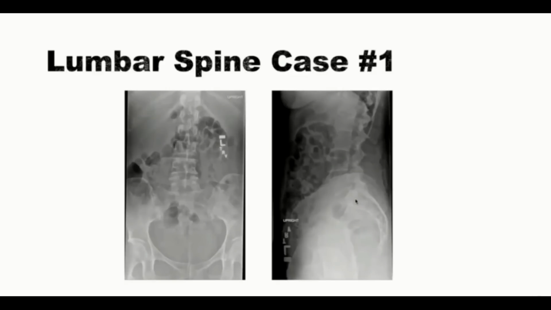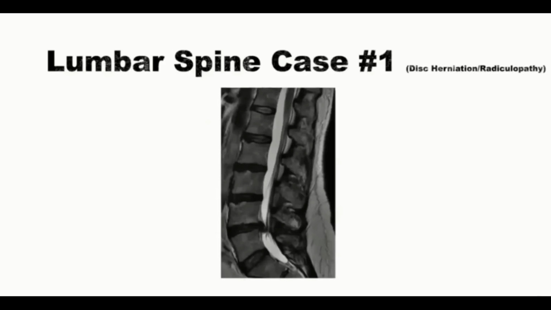There's no translation of the vertebral bodies on the lateral images, but there is some degree of early spondylosis. The MRI, the T2-weighted sagittal reconstruction, does show, again, the myelographic effect shows something's intruding into the white of the CSF, and that's likely where the pathology is at the L4-5 level.